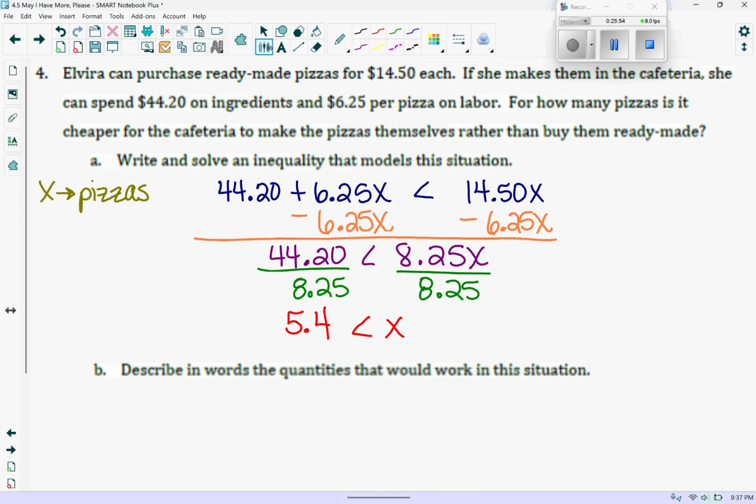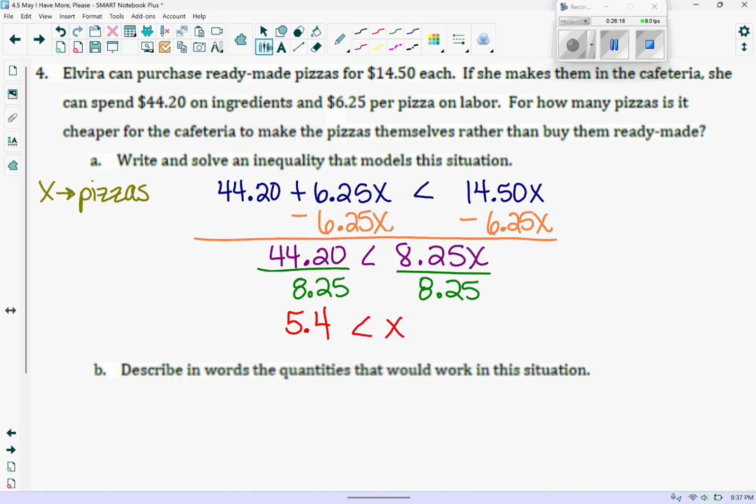Now, again, you can't really round up. So x has to be greater than 5.4.